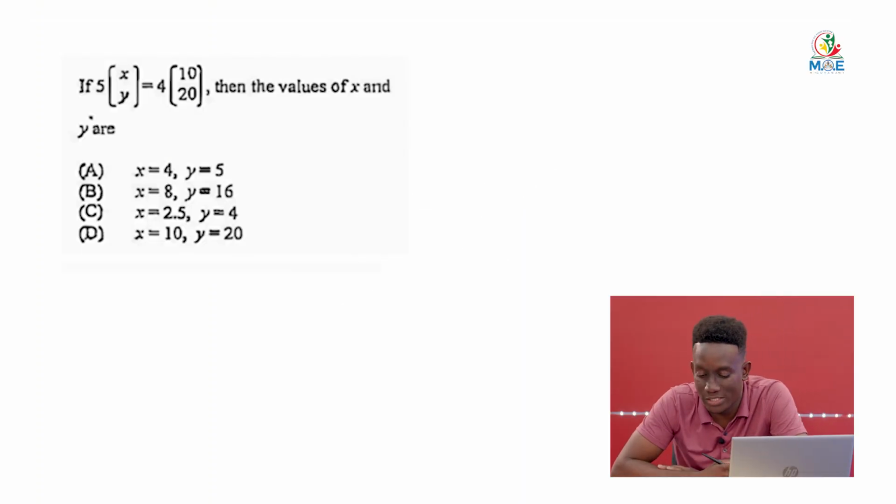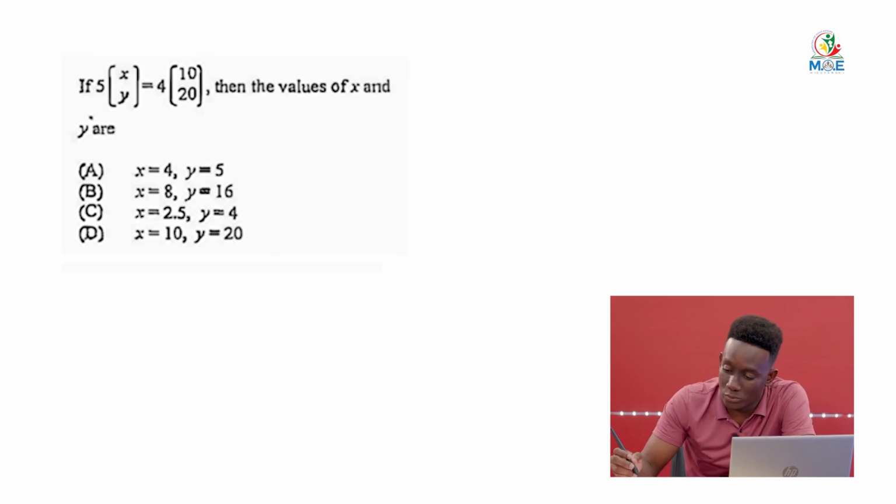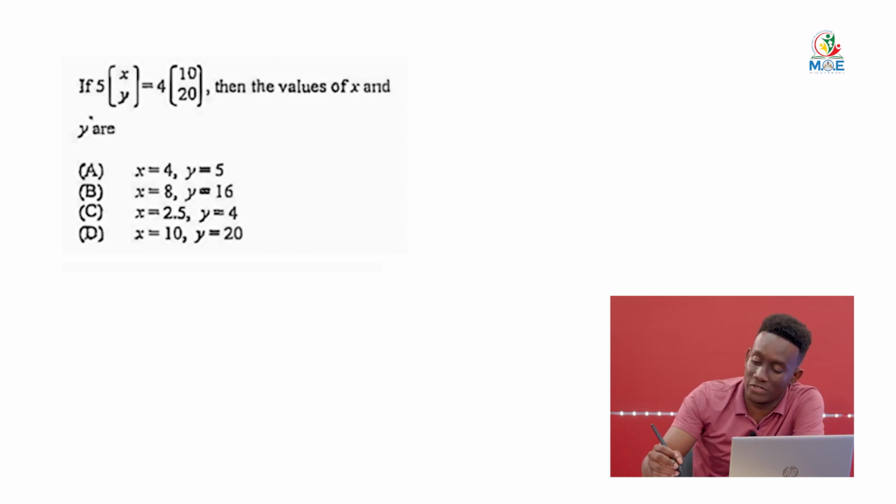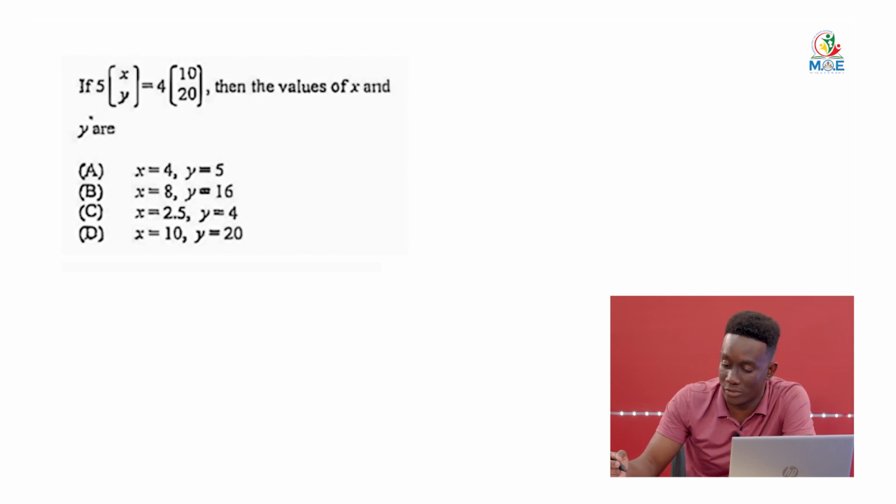And the next question says, if 5 times the matrix x, y is equal to 4 times the matrix 10, 20, then the values of x and y are... So what we need to do, first of all, is multiply this 5 by everything in this vector or matrix, however you want to refer to it.